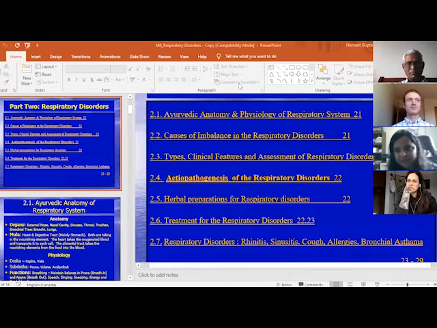It has two parts: the upper respiratory tract and the lower respiratory tract. In the upper respiratory tract, first there are the nostrils, which are the two external openings of the nose.